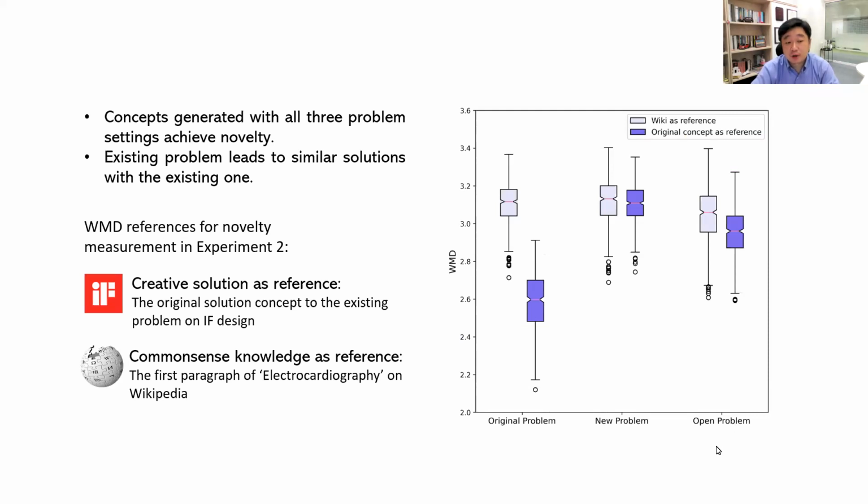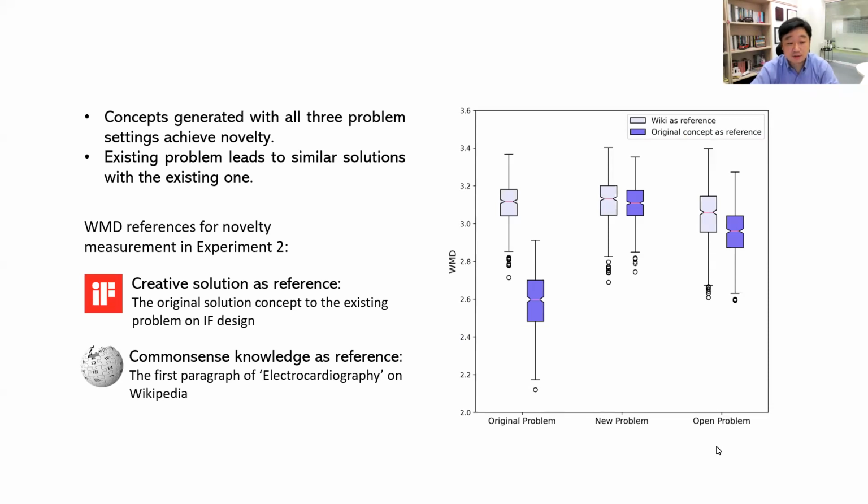The existing problem actually led to the generation of solutions more similar to the existing one, and the open-ended problem and the new problem without a solution allowed the model to generate more novel design concepts, based upon the WMD distance to two benchmarks.